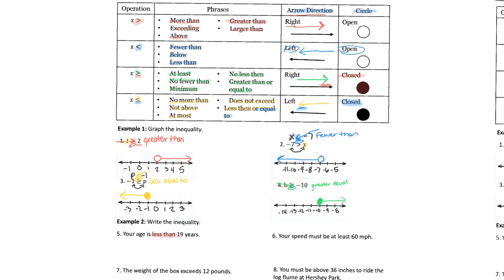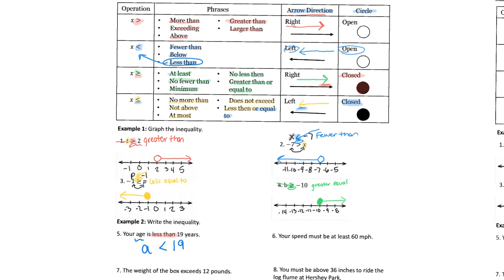So we want to find less than up here. Less than is right here. So I should be using this inequality symbol. And since it says less than 19, our 19 should be here. And then any variable we want to use, in this case, because it says age, I'm just going to use A.